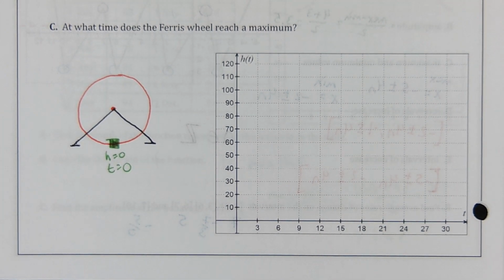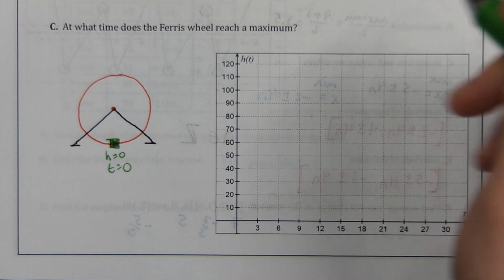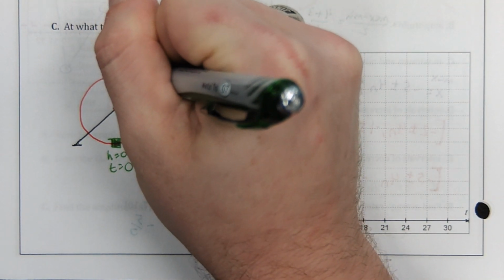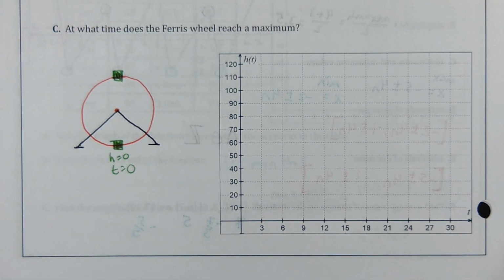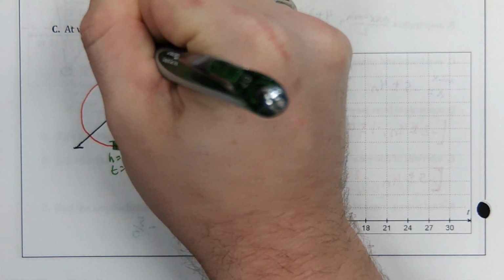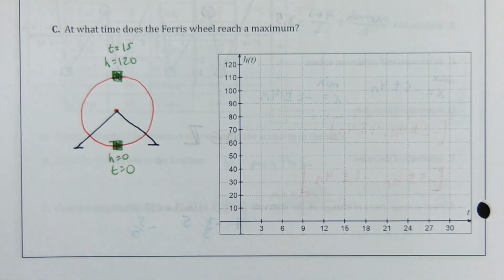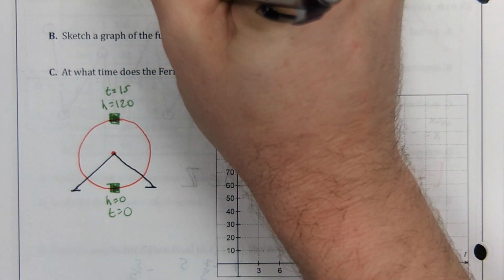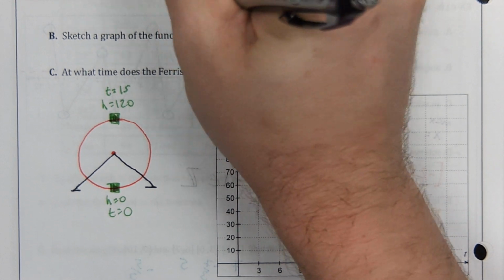Anyway, so we know that this thing goes around once every 30 minutes, which means we're going to be up here at a maximum height of 120, and it's going to be halfway through the period, like that. The amplitude is always going to be maximum minus minimum divided by 2.